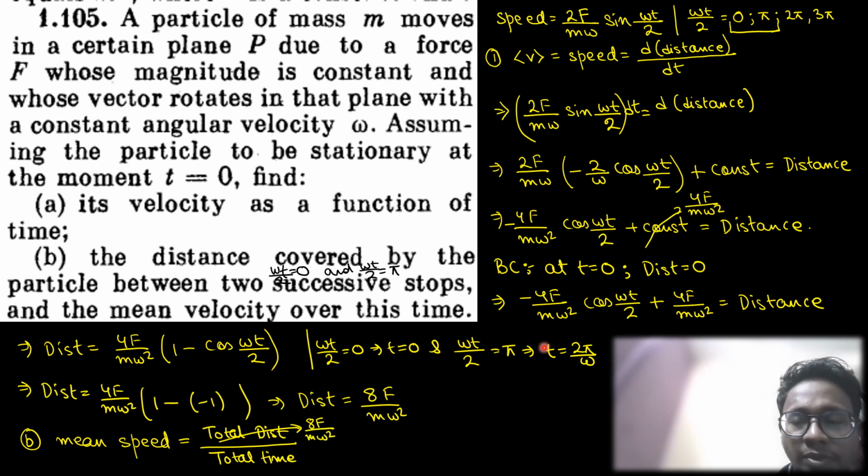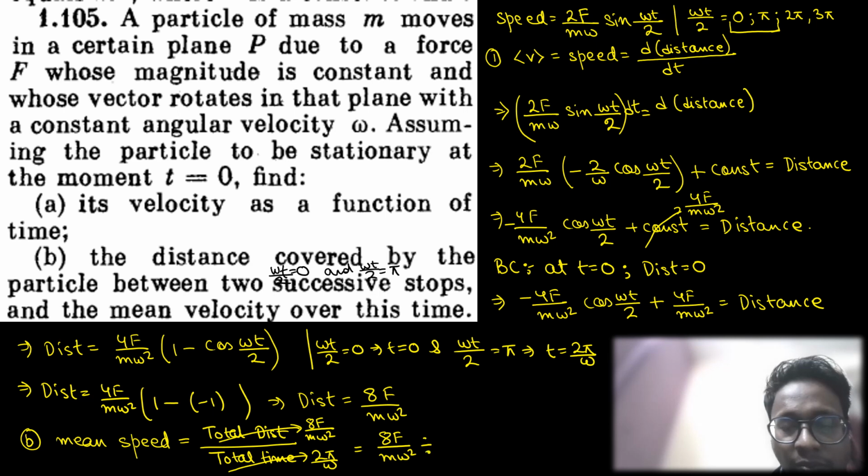What is the total time? 2 pi by omega minus 0, which is 2 pi by omega. So mean speed is equal to 8f by m omega square divided by 2 pi by omega. Omega would get cancelled, 2 and 4 would get cancelled. So our answer comes out as 4f by m omega pi.